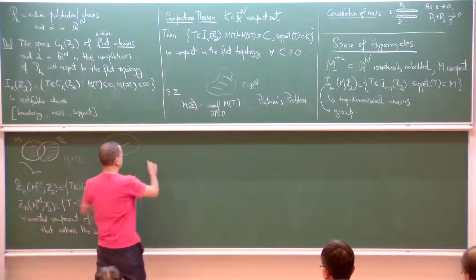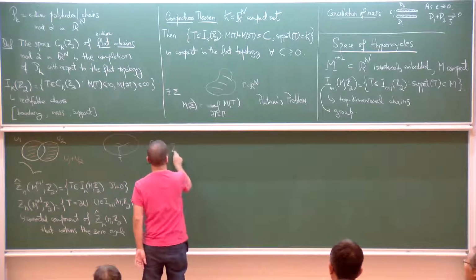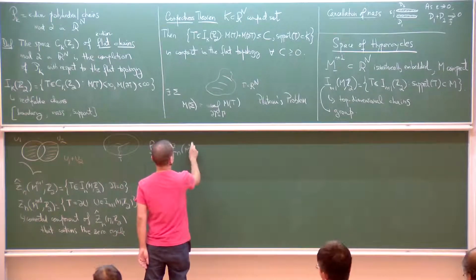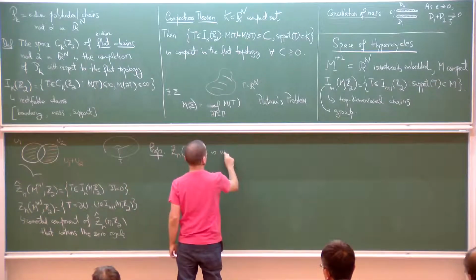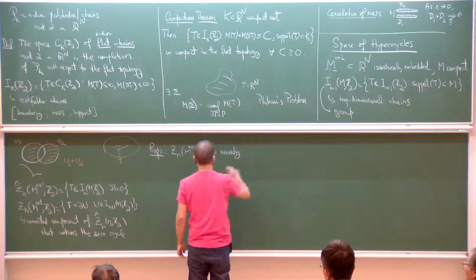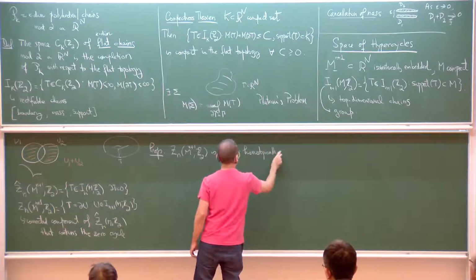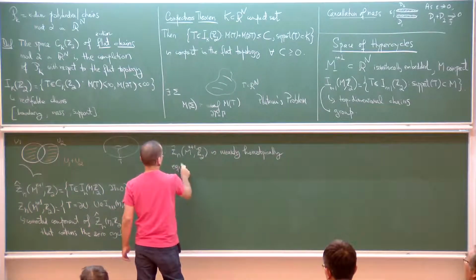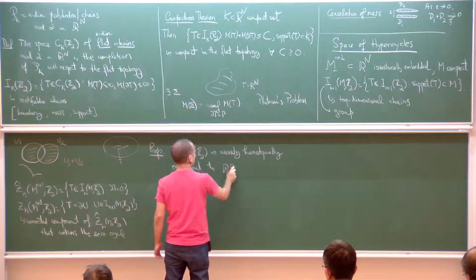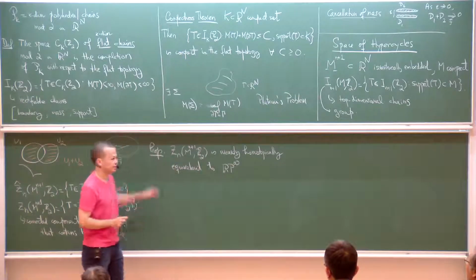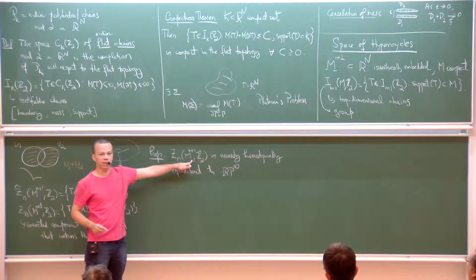Then the proposition, whose proof I'll try to explain, says that this space of cycles is what we call weakly homotopically equivalent to the infinite dimensional projective space. And this holds true in any dimension for every manifold M.